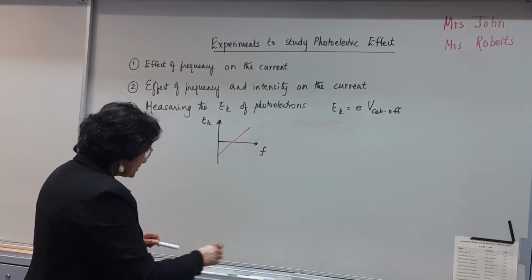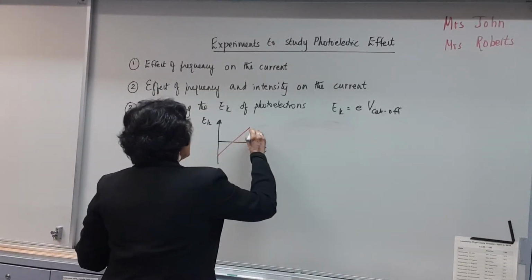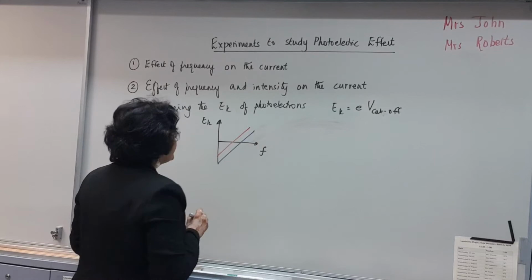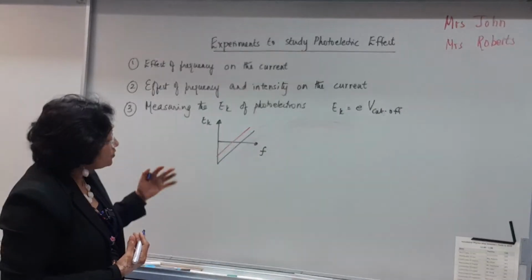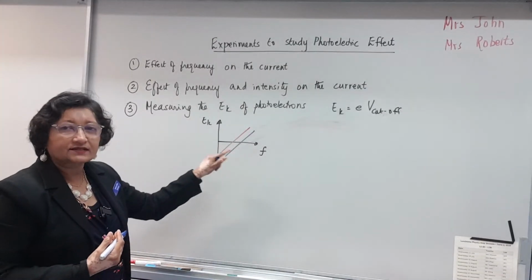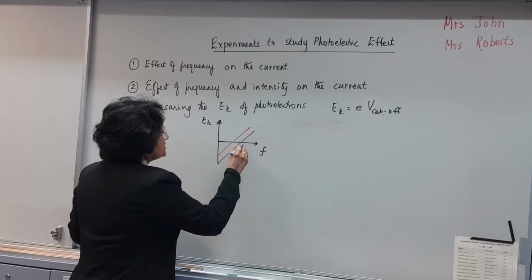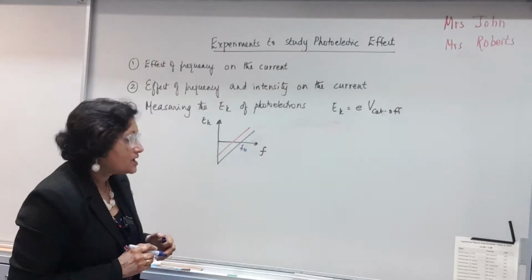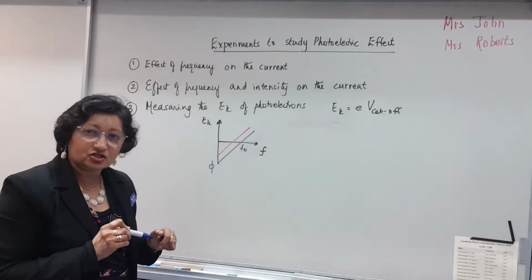Okay, but if you used an emitter plate of a different material, you get a similar graph, but a parallel line showing that the gradient of the graph is the same. And what you notice on this graph is that there are two intercepts. The intercept on the x-axis is your threshold frequency, and the intercept on the y-axis is your work function energy.